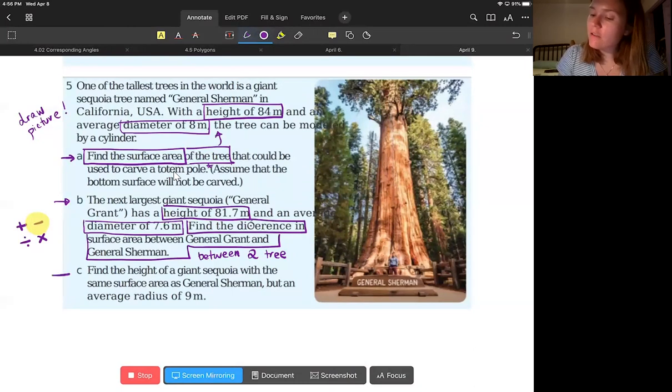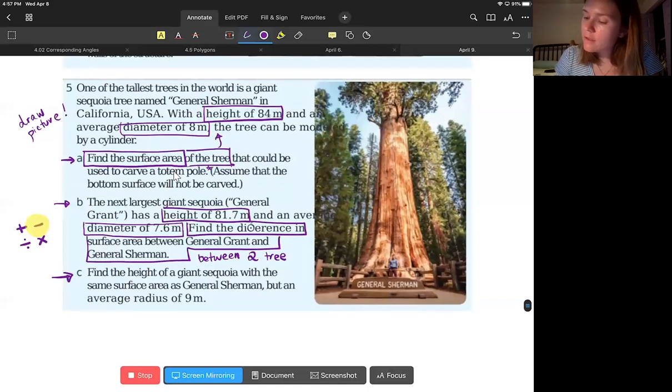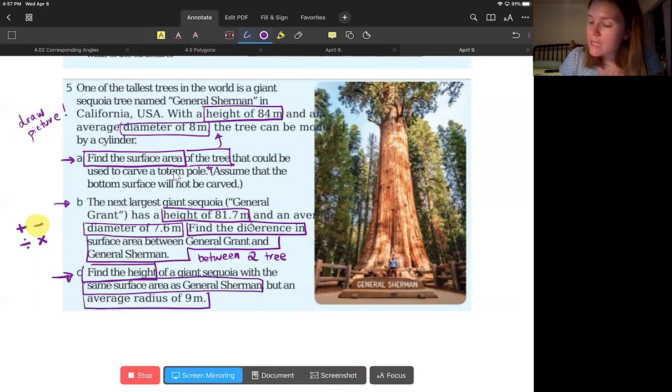And then thirdly, for C, find the height of a giant sequoia with the same surface area as General Sherman, but an average radius of 9 meters.